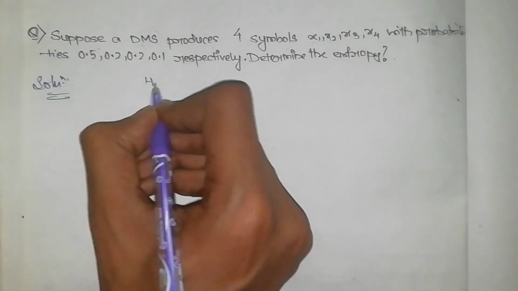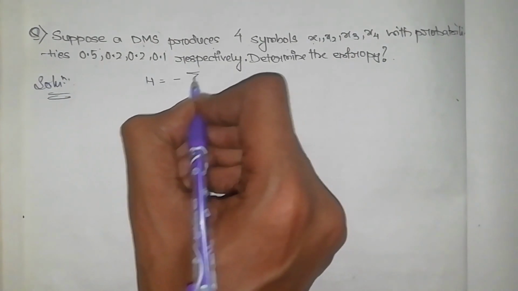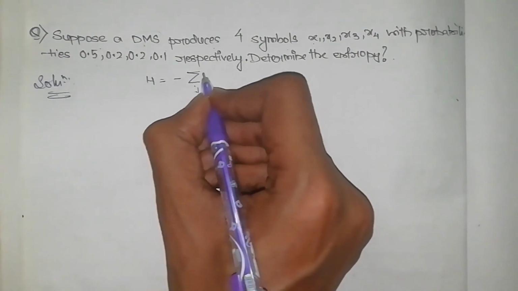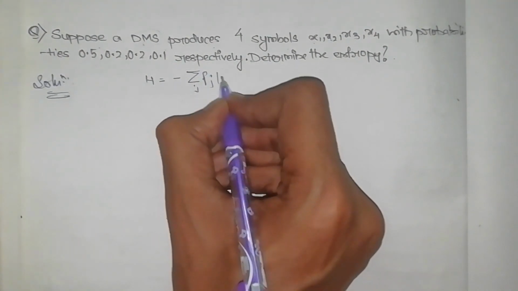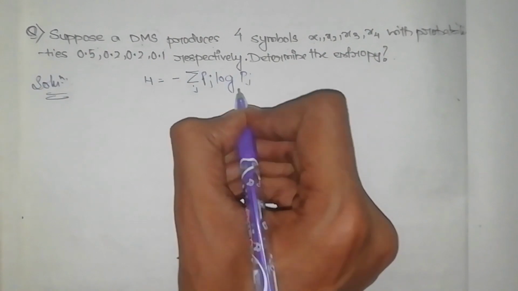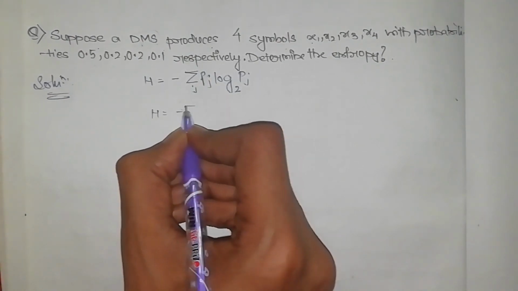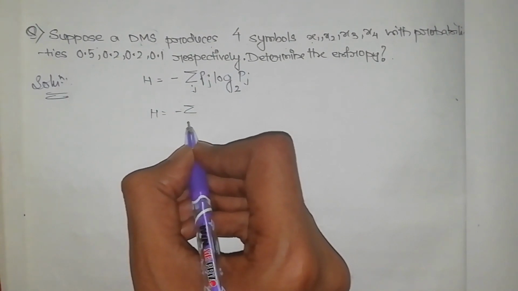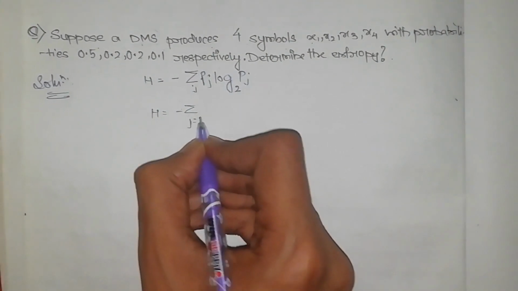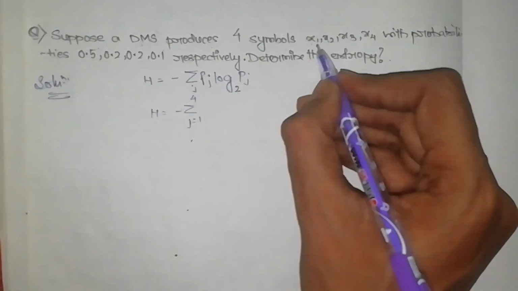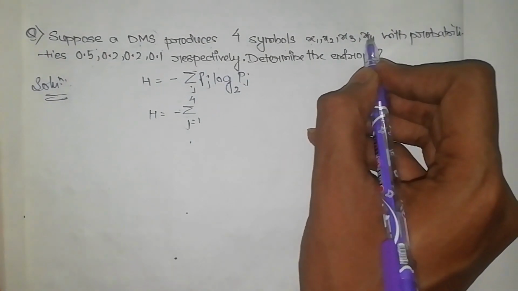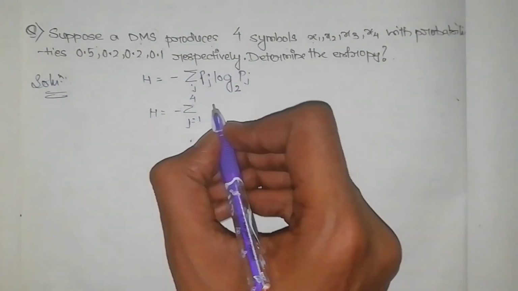We know entropy is equal to minus summation over j pj log of pj base 2. Now here j is from 1 to 4 as x1 to x4.